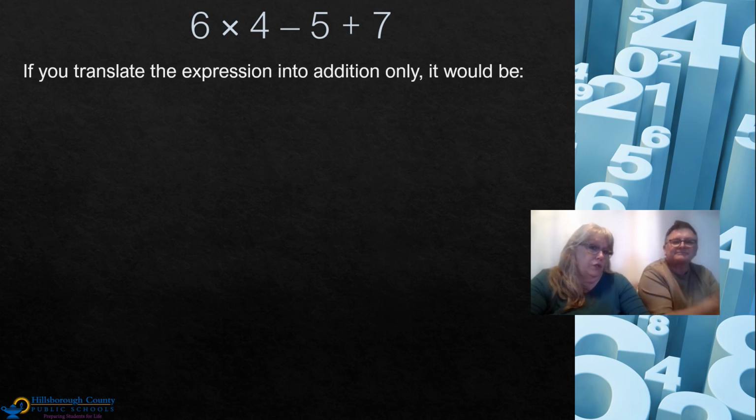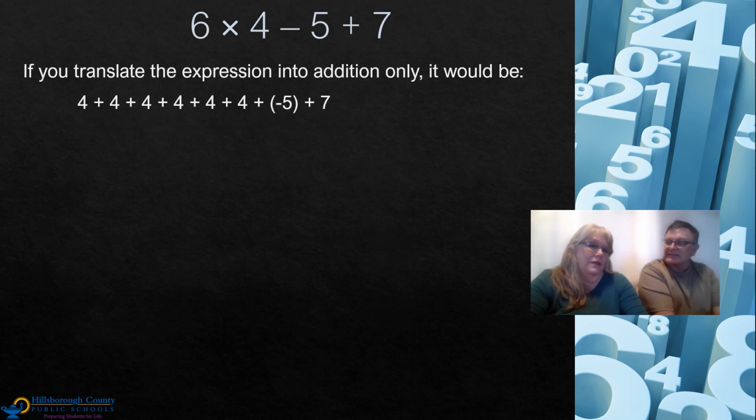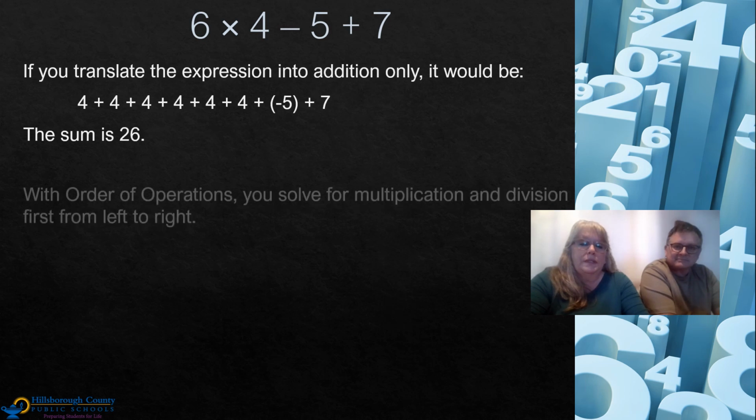And then I'm going to add a negative 5, or take away 5, which would be take away 4 from 24 is 20. One more would be 19. Then take away 19, and then add 7. And I get? 1 more is 20. I've made it 10, and then 6, 26. So I've taken the entire expression and broken it down into addition. Once it's in addition only, I can solve it from left to right, and I get my sum of 26.